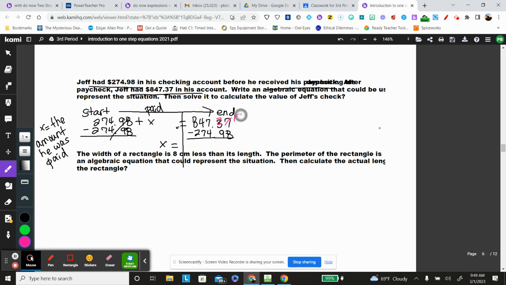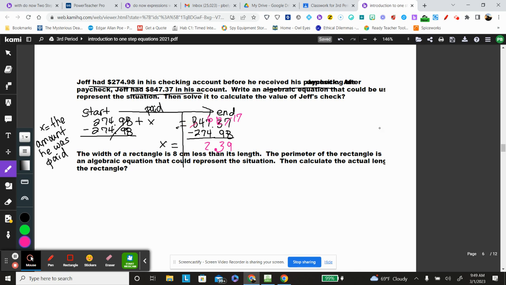This becomes a, I need to regroup again because I can't do 2 minus 9. This becomes a 12, and 12 minus 9 is 3. And then what's 6 minus 4? 2. Do I need to regroup again? Yes.